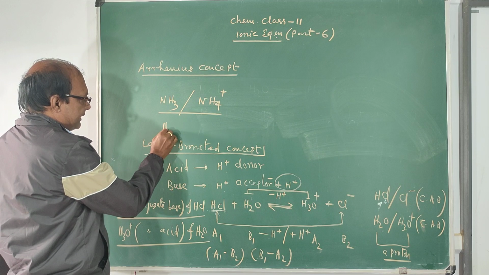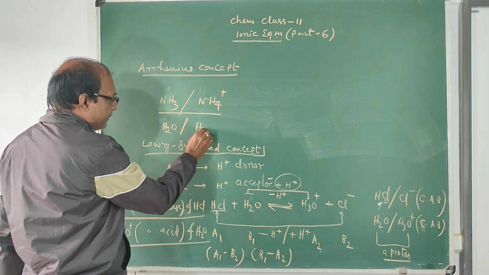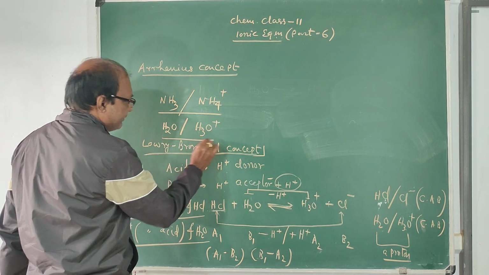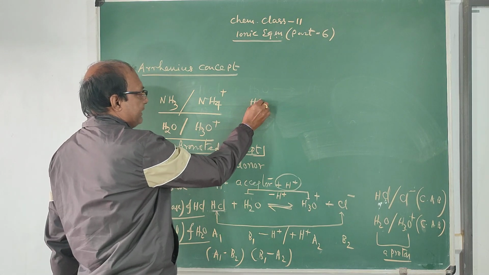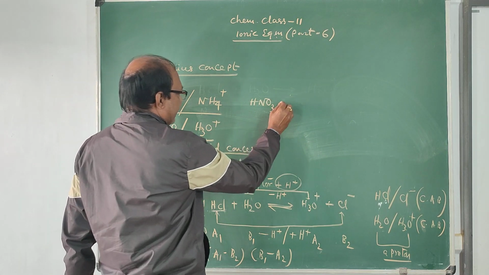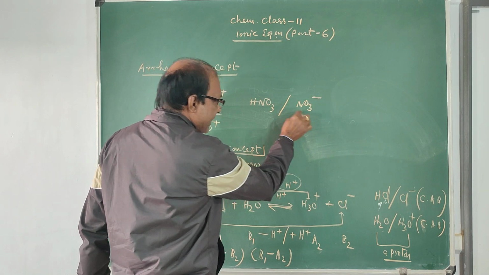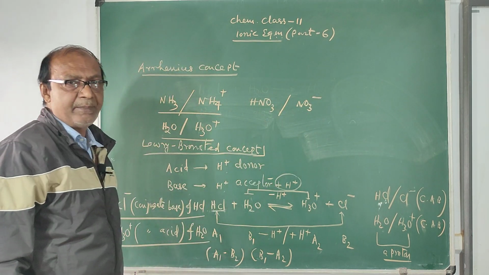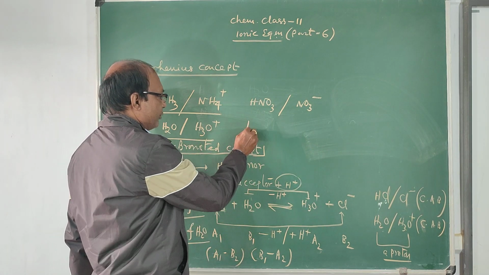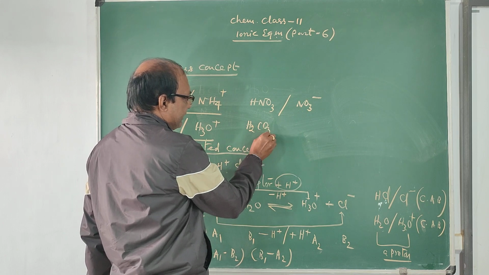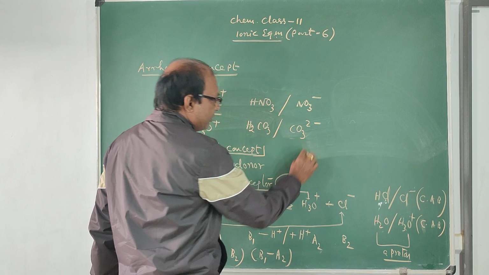Similarly, water H2O is a weak base, its H3O+ is a strong acid. Look at the pairs. HNO3 is a strong acid, therefore NO3- is a weak base. It's a strong acid, it's a weak base. As you see, carbonic acid H2CO3 is a weak acid, therefore CO3 2- is a strong base.